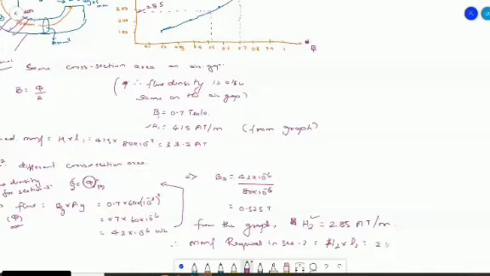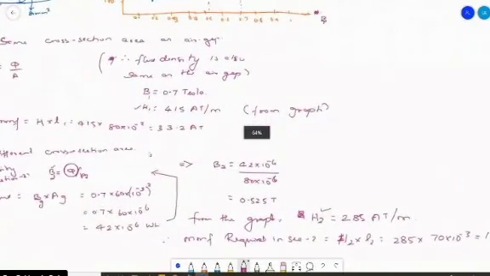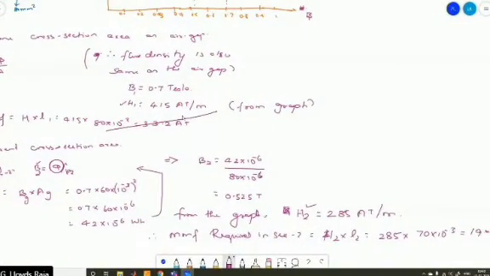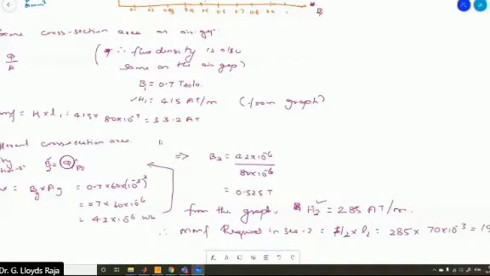H2 is 285 ampere turns per meter. L2 is given to be 70 mm in the question, so it is 70 into 10 to the power minus 3. It is 19.95 ampere turns. Okay. So now I have computed the MMF required for section 1 and I have also computed for section 2.